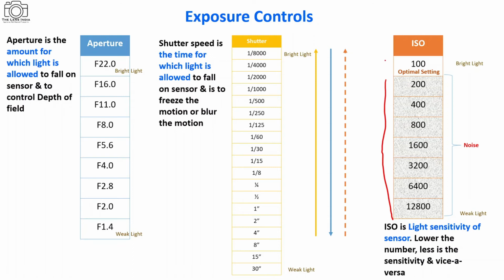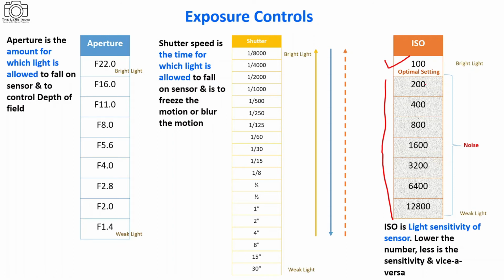So the optimal setting always recommended is 100. Now let's assume that we are going to shoot at ISO 100. In some cameras you can find values below 100, and in some cameras you will find that the settings don't have 100 as the ISO setting, but start with 200.